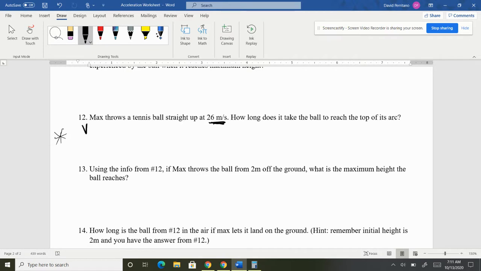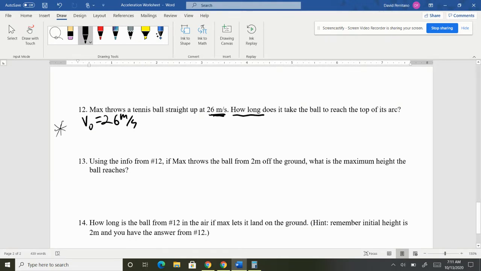So that's an initial velocity of 26 meters per second. And I want to know how long it takes. How long? That's a time. Velocity asking you for time.